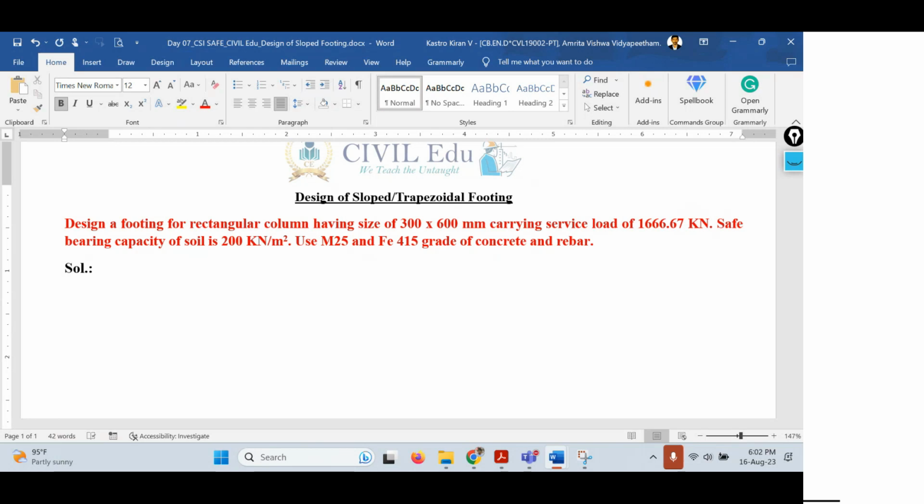So let me keep the heading as loads. In the loads, when the dead loads and live loads are given, we add them and get the total load. But here there is no dead load. So total service load equals, as already given in the question, 166.67 kilonewtons.